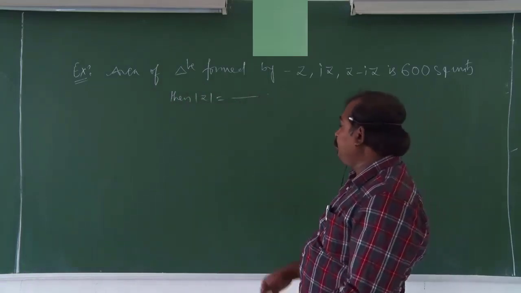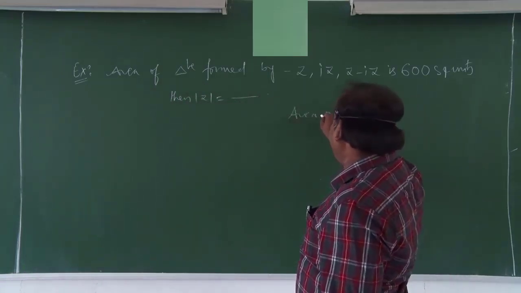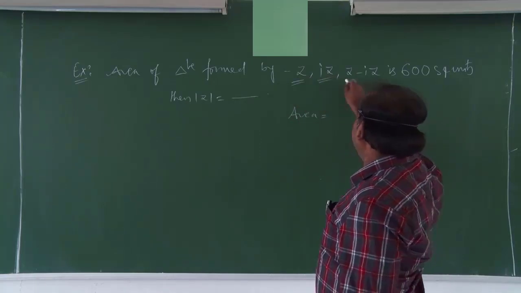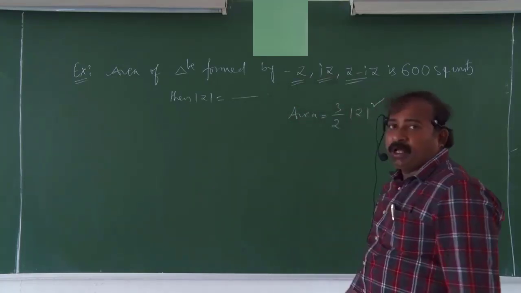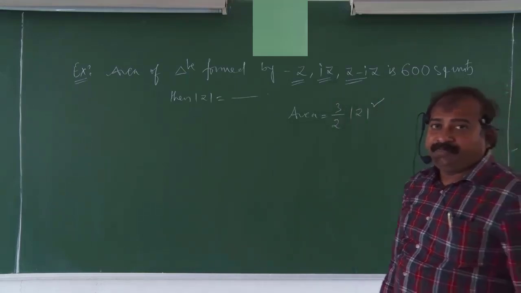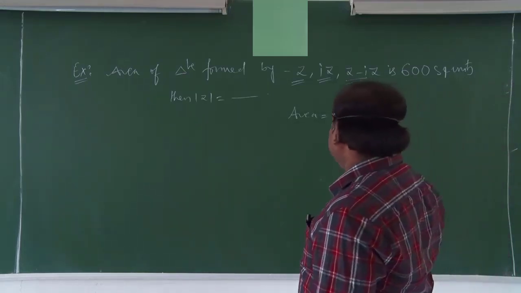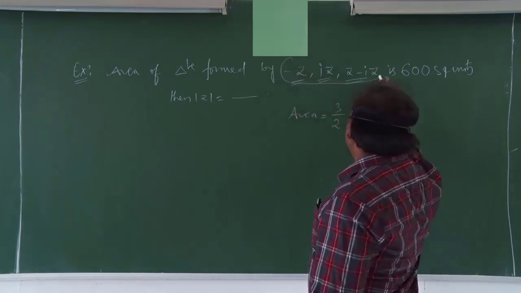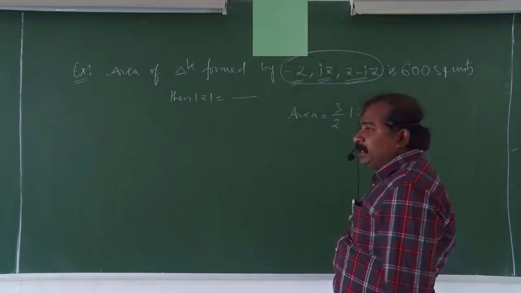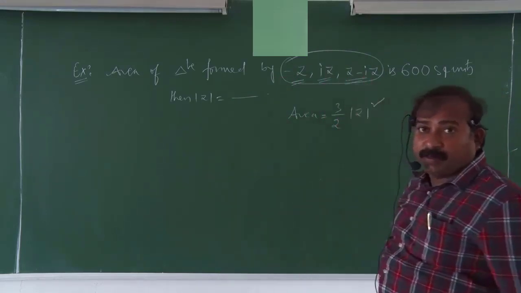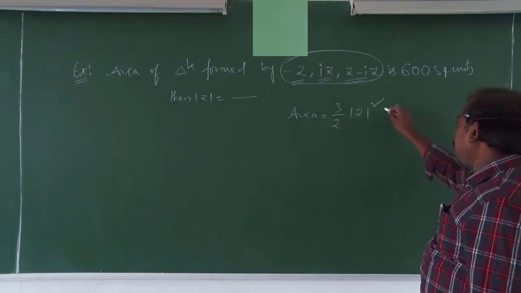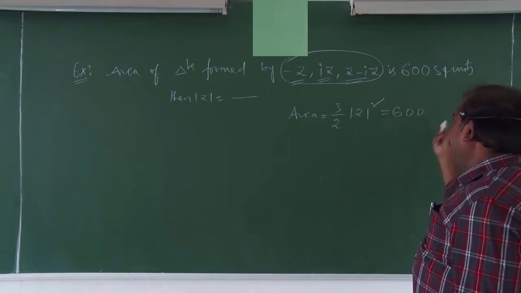Regarding this, the area formed by these vertices is 3 by 2 mod z square. This is the formula, simple logic, from the last class. Minus z, iz, z minus iz. The area of the triangle formed by these vertices is given by 3 by 2 mod z square, equating it to 600.